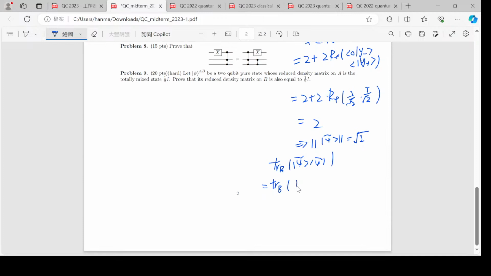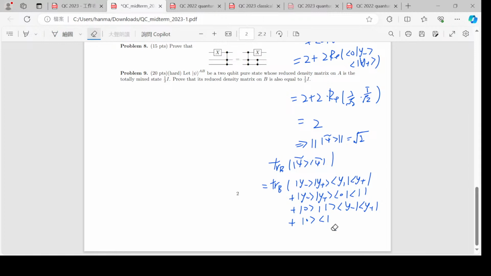So we have y minus y plus and 0, 1, y minus y plus and 0, 1, and so on for the four terms.